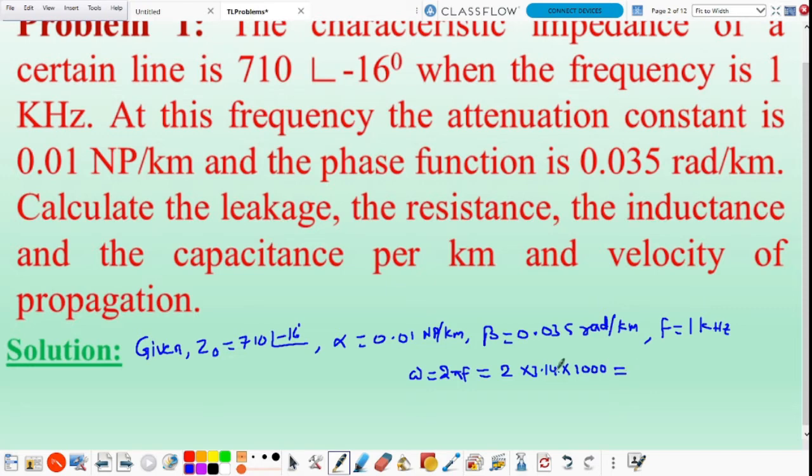And using calculator, reducing this value, the angular frequency is approximately 6280 radians per second.